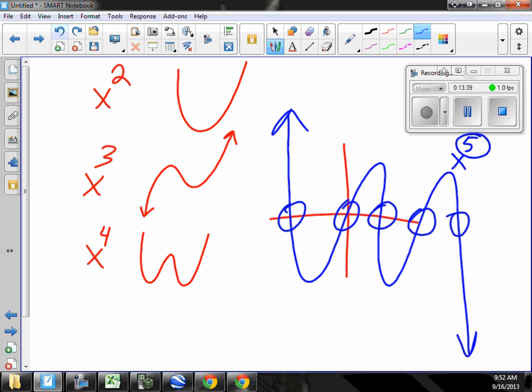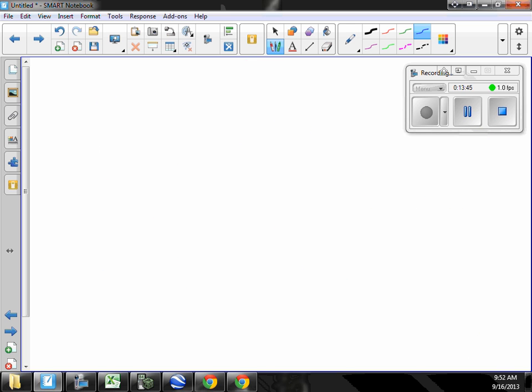Okay? There's something else I know about it that we haven't talked about yet. What's the difference between this graph and that graph? So this one is an x squared, or what else could it be? Any even number bigger than 2. Okay? What is this graph?